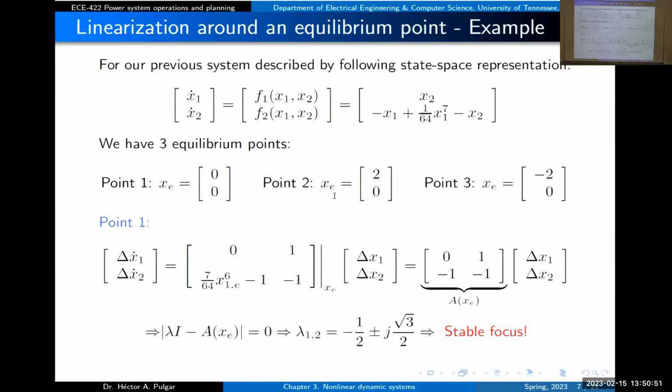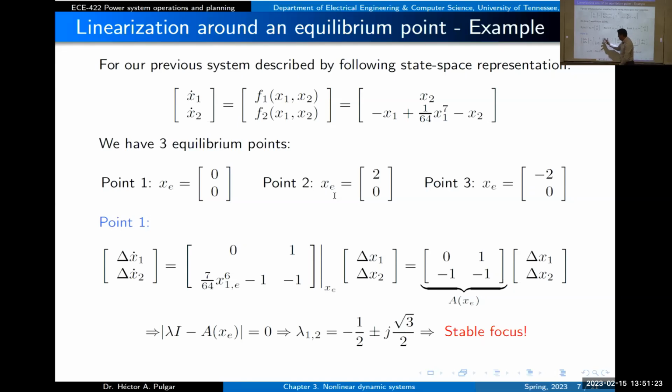So that's what we did, and we worked with the system that we worked with before. We have 3 equilibrium points. We linearize the system. Basically, we get the matrix A around each of the equilibrium points. The matrix A is going to be the derivative of the function f1 with respect to x1, the derivative of f1 with respect to x2, and here, the derivative of f2 with respect to x1 and x2.